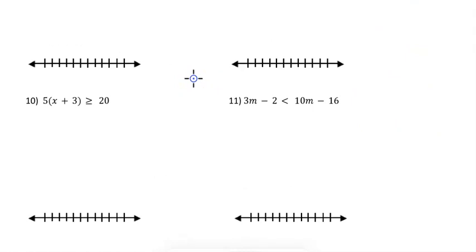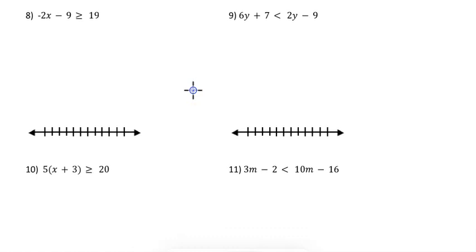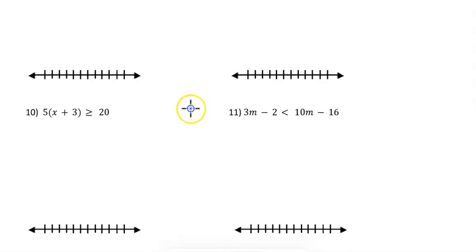All right, last section, more inequalities, and we are going to do number 11 together. So remember the 2 differences between inequalities and equations. The first one is that your variables need to be on the left side.